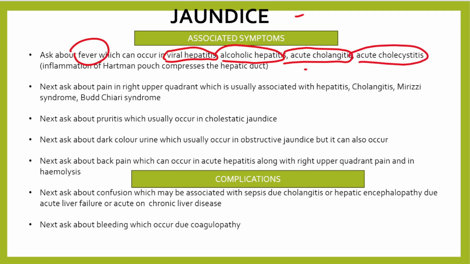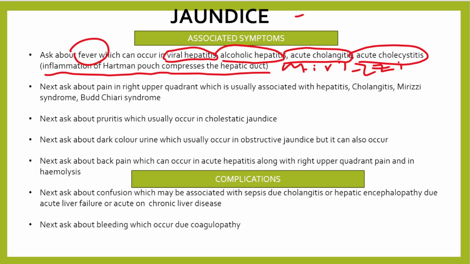In acute cholecystitis, sometimes there is inflammation of Hartmann pouch which compresses the hepatic duct. This is called Mirizzi syndrome. So Mirizzi syndrome presents with acute cholecystitis and jaundice. Usually in acute cholecystitis there is no jaundice, but if there is Mirizzi syndrome, then jaundice can occur.